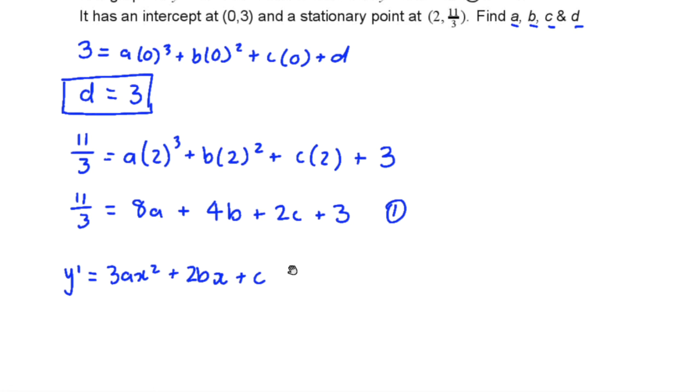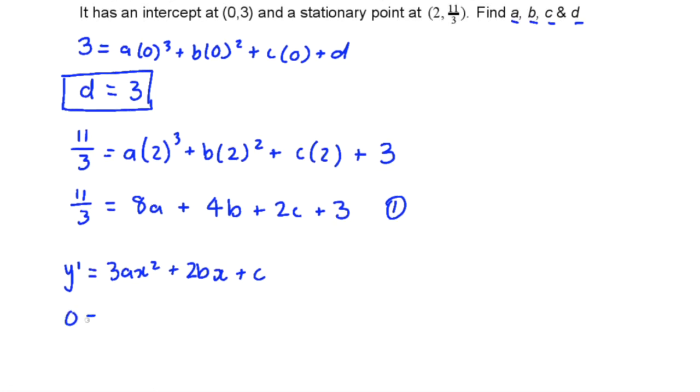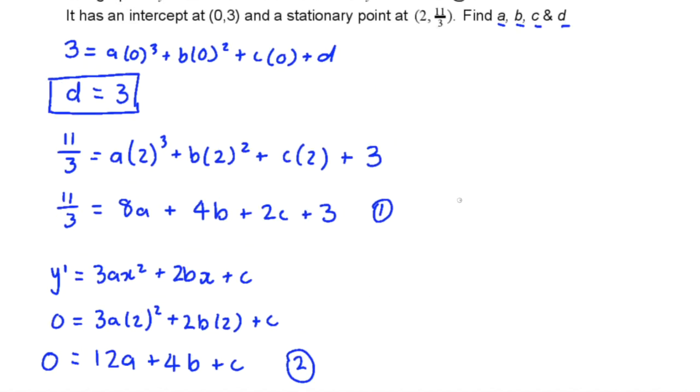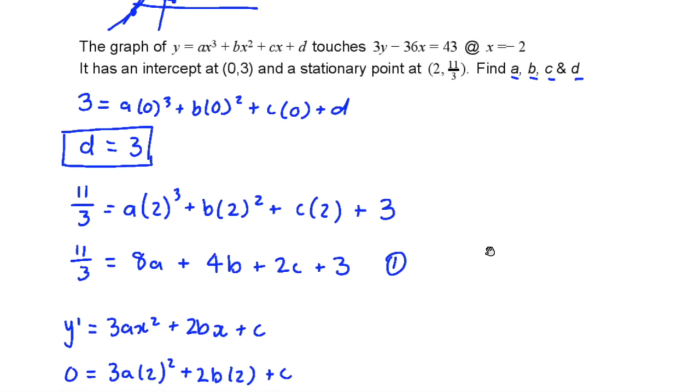Substituting in 2, it's 3a times 2 squared plus 2 times b times 2 plus c. 2 squared is 4, and 4 times 3 is 12, so 12a plus 4b plus c equals 0. Awesome, there's another piece of information. So we've got 2 equations and 3 unknowns, so we need one more piece of information.